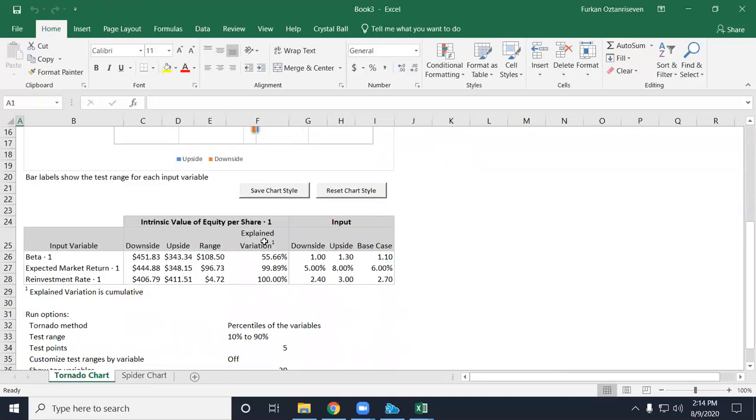So you can see here the explained variation. For example, beta coefficient can explain almost 56% of the variation in intrinsic value. And these are cumulative. If we consider beta and expected market return together, we can explain almost 100% of the variation in intrinsic value.